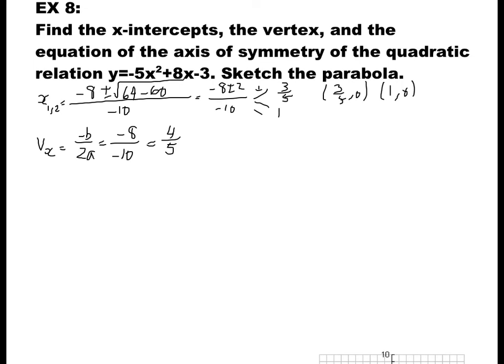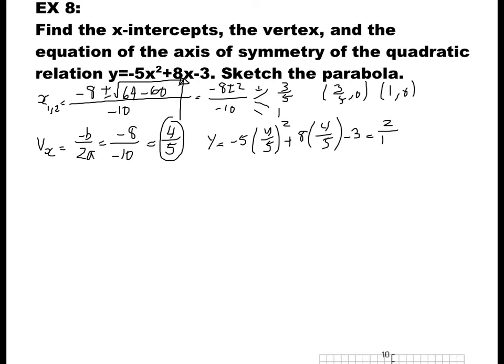Now to find the y coordinate of the vertex, I will substitute 4 over 5 back in this equation for x to find y. So I get y is negative 5 times 4 over 5 squared plus 8 times 4 over 5 minus 3. I leave it to you to simplify this one.